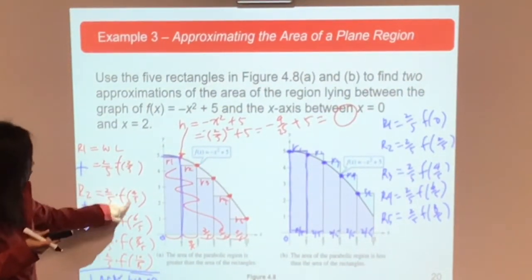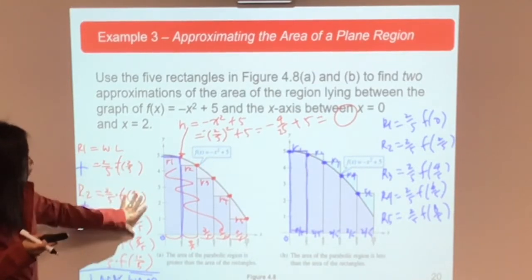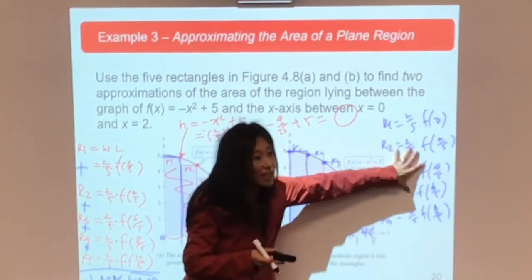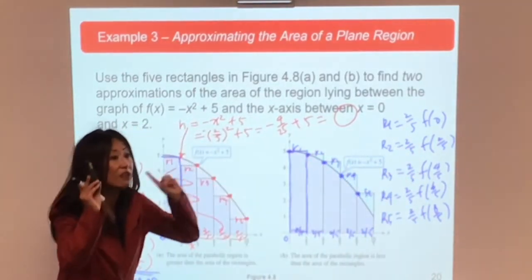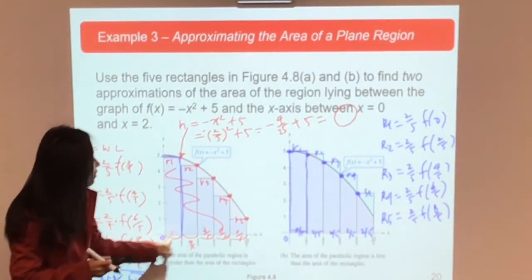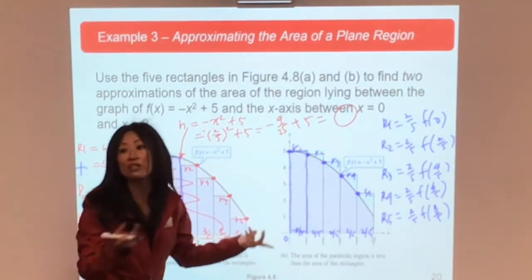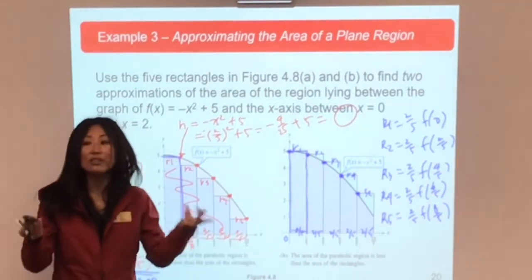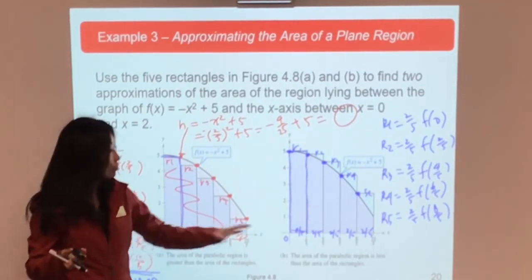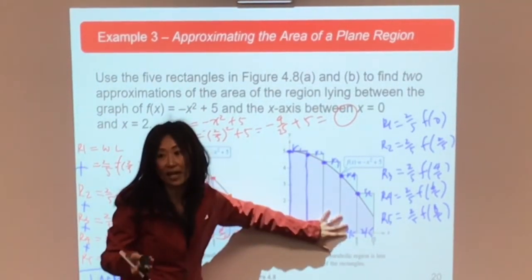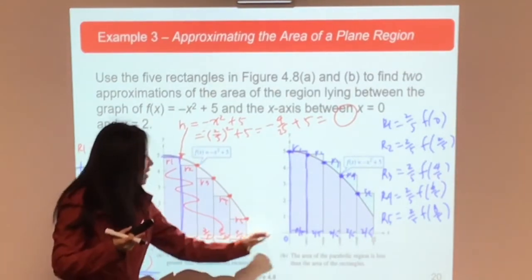So 2/5, 4/5, 6/5, 8/5, you use them again right here. The only thing different is the starting value and the ending value. So you don't have to do two different sets of work. You do the middle ones, and they are all the same. The only difference is the left end or the right end.